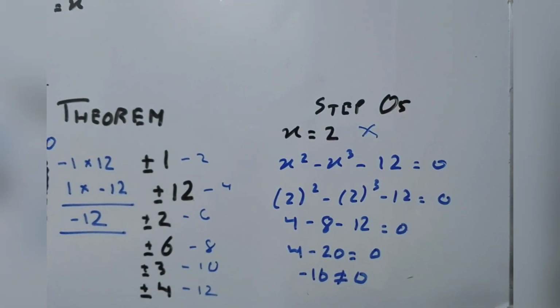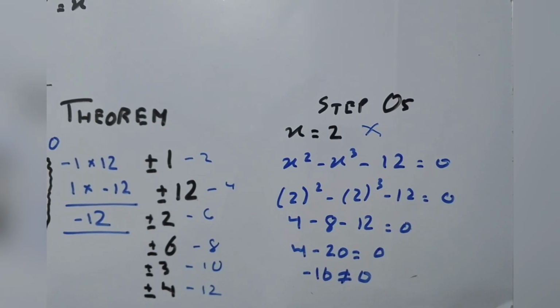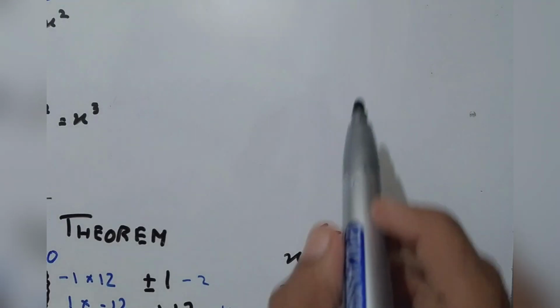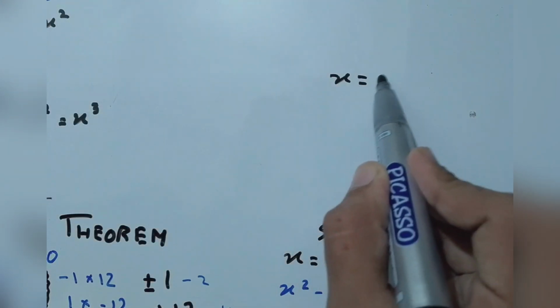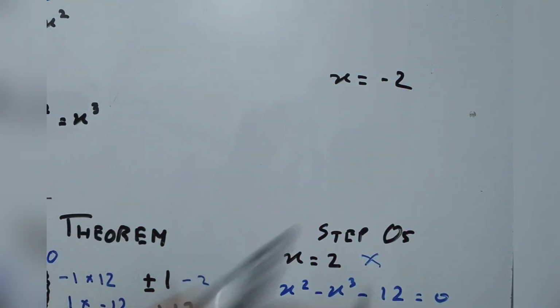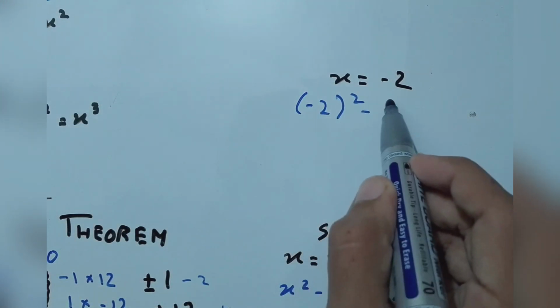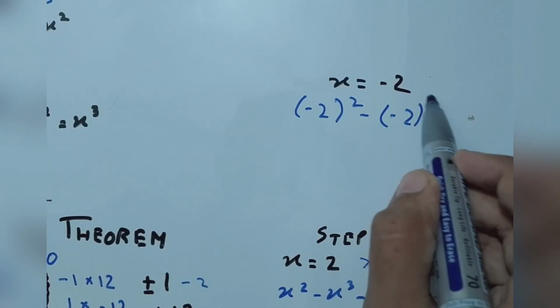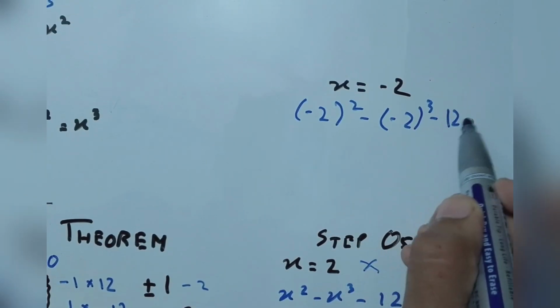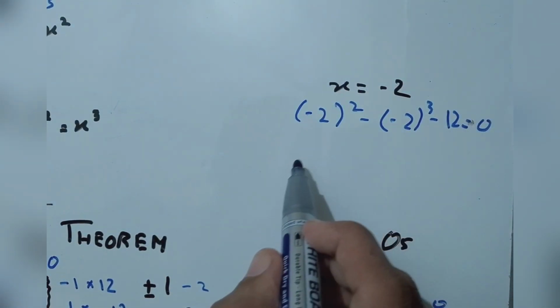Let's try this one with x equals negative 2. Okay, so now let's test with x equals negative 2. Let's apply this in our equation. Negative 2, the whole thing squared, minus negative 2, the whole thing cubed, minus 12 equals 0. Let's try it out.